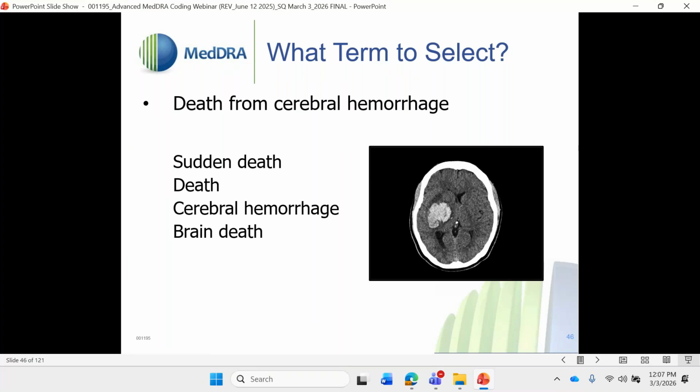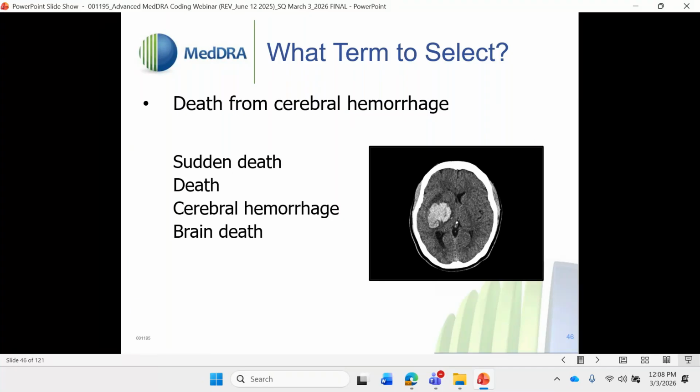What would you select? Death from cerebral hemorrhage. Again, remember we say typically death is an outcome. Disability is an outcome, hospitalization is an outcome, and they're typically captured in the outcome field, and you don't need to code them unless they provide additional clinical information. In this case, it's not a type of death.